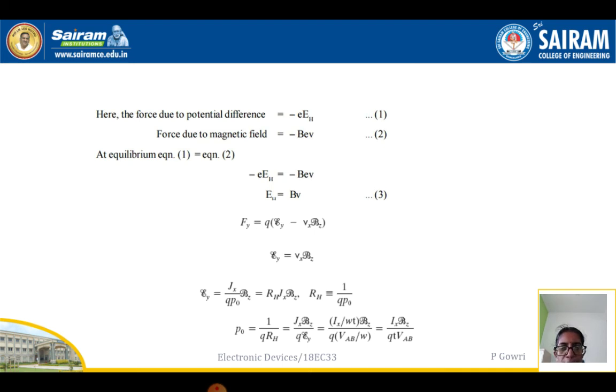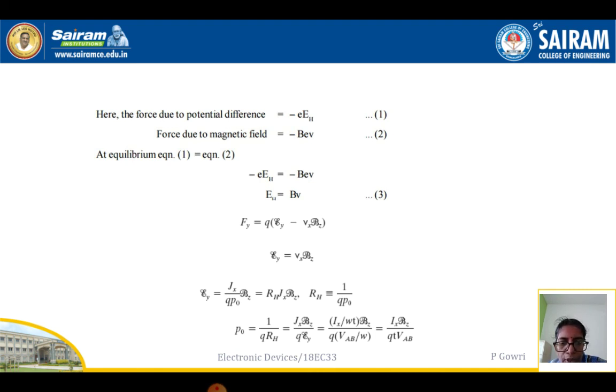Here we take p naught because we assume that it is a p-type semiconductor material. So we can write EY is equal to RH into Jx into Bz, where RH is my Hall coefficient, 1 by q into p naught.